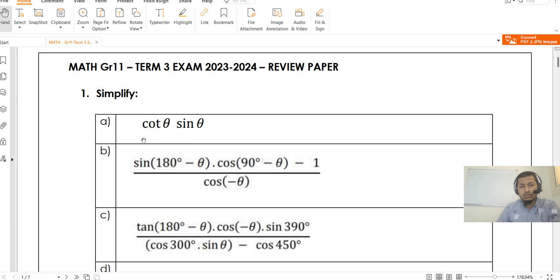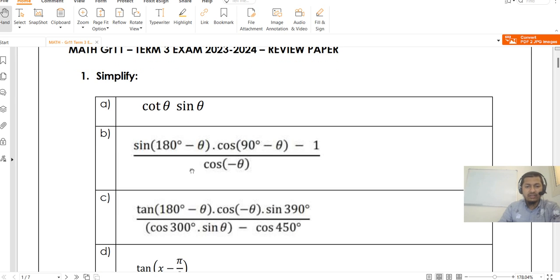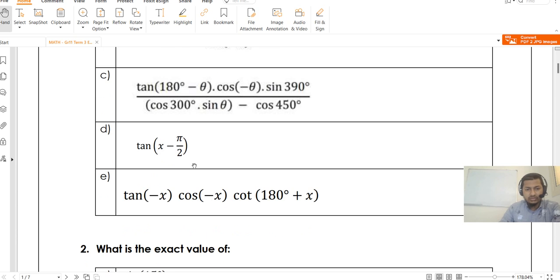We know that cot is a reciprocal of tan, or you can say cot is cos over sine. If you're looking at part B, that's more into reducing angles and simplifying using the cast diagram. Now many of you guys are confused with the cast diagram, so let me just derive that for you, and then we can solve question 1.